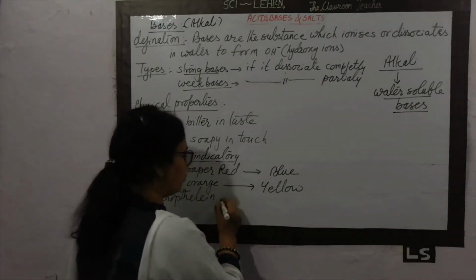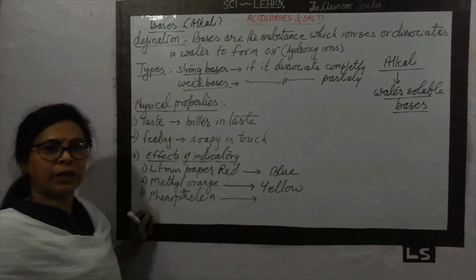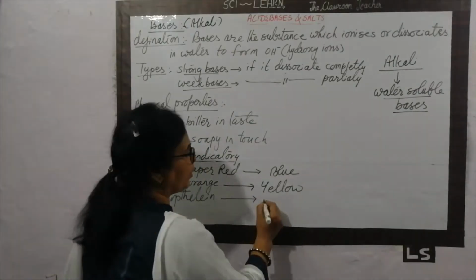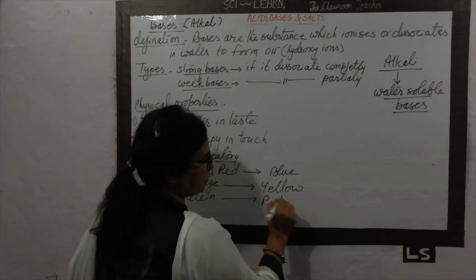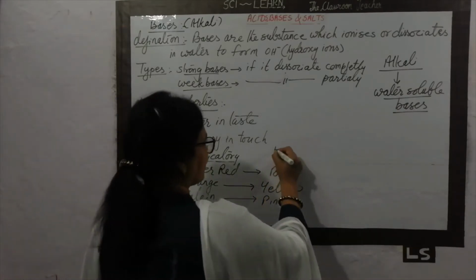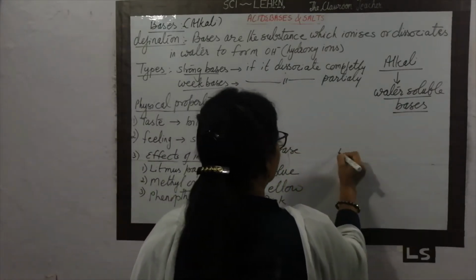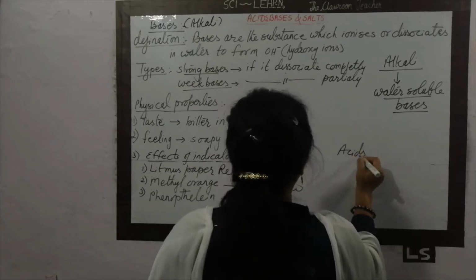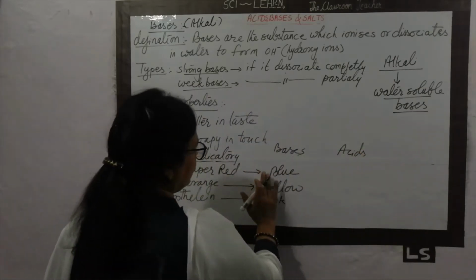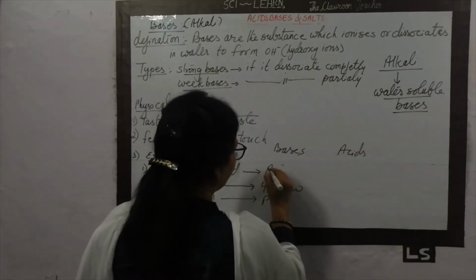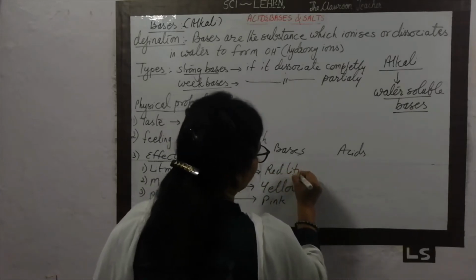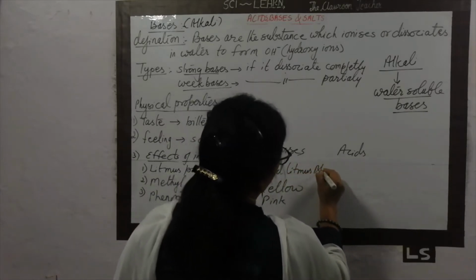And what about phenolphthalein? In the presence of base, phenolphthalein turns pink. That is the character of base. Now what is the character of acids? You have to compare it. Bases convert red litmus blue.